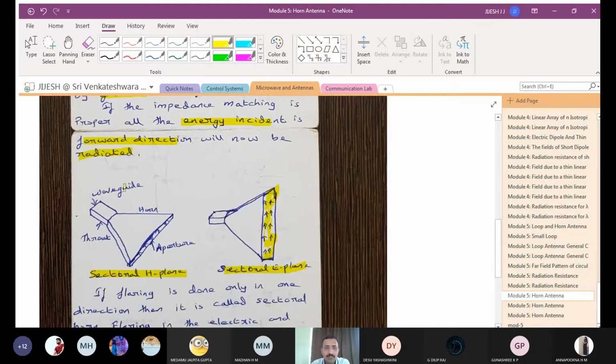This is the waveguide, where you feed the input signal, and this is the portion we call the horn. It is of the shape of a horn, which explains the name horn antenna. The portion through which the signal is transmitted as well as received, which you have studied before, is called the aperture.